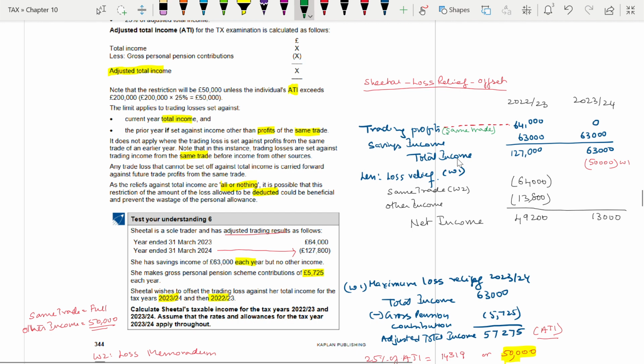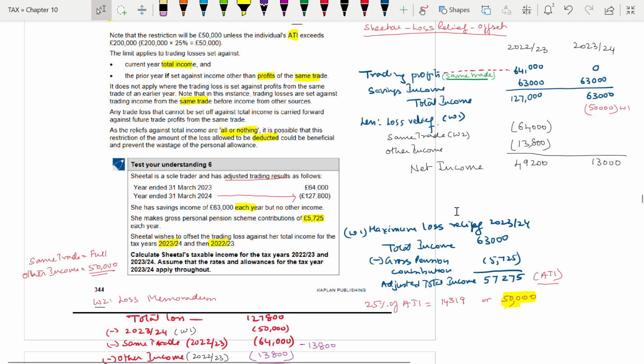That is the reason we have deducted 64,000. Whereas from the other income we have not deducted. In the second case, it is 63,000, the other income, savings income. From the savings income we cannot deduct more than the maximum, which is 50,000 or 25% of ATR, whichever is higher.